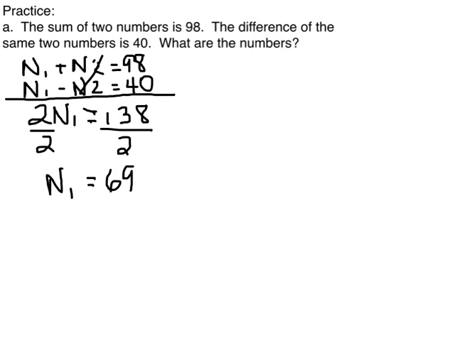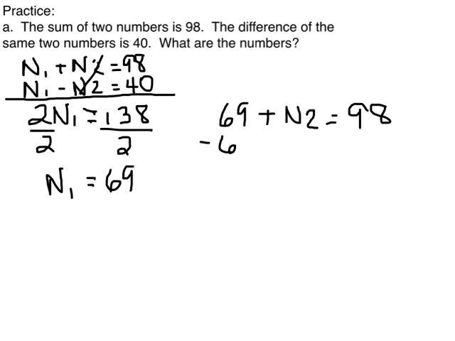So if the first number is 69, then 69, which is n1, plus n2 equals 98.